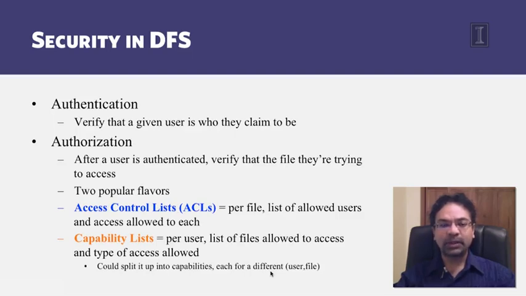Each capability would specify, for instance, for a user, file pair, whether that user is allowed to access that file and what mode it is allowed to access it in. If there is not a capability for a particular user file pair, then essentially that user is not allowed any access to that file. Okay, so now you know what access control lists mean and what capabilities mean. These are fairly commonly used terms in distributed file systems, and in general whenever security is being talked of in distributed systems.